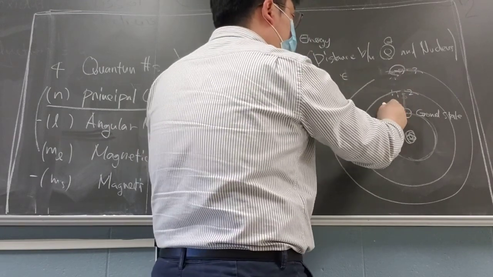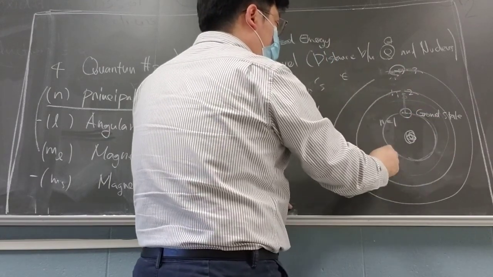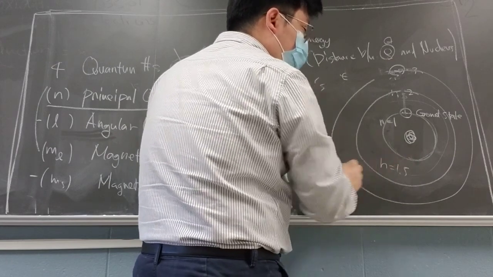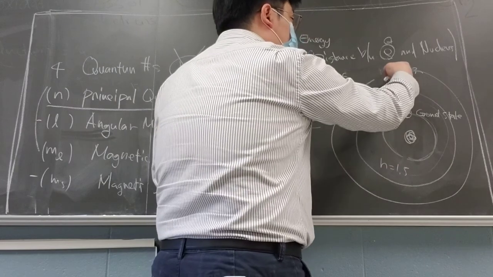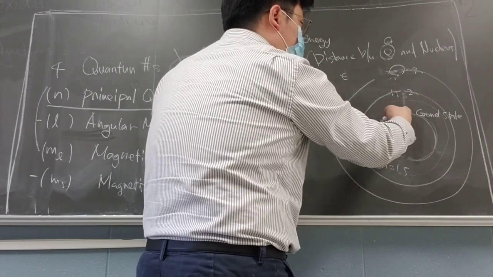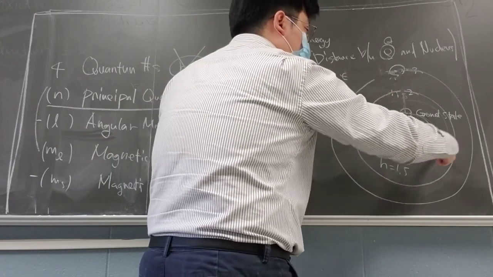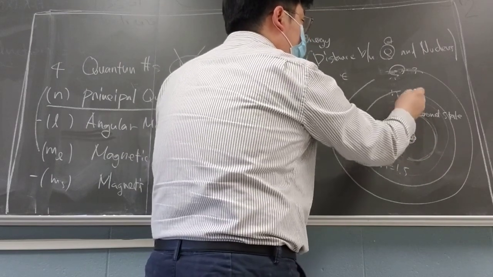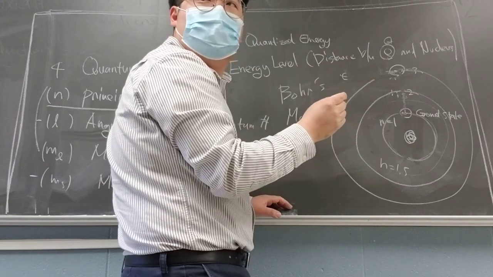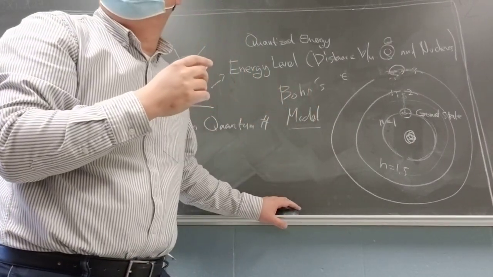So for example, if there is some space, maybe you can say N is equal to 1.5, okay? But when an electron moves to a higher energy level, it cannot be in this interval. So that means it has to jump. We call this a quantum jump.